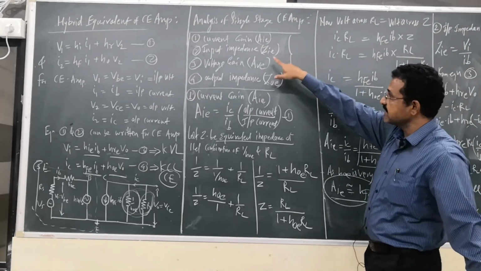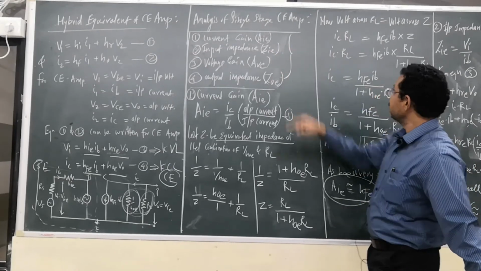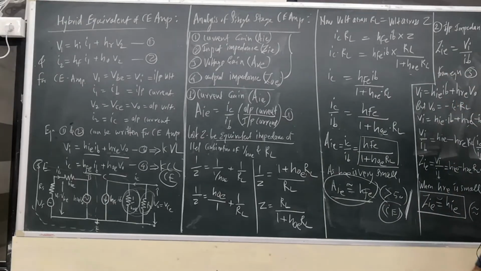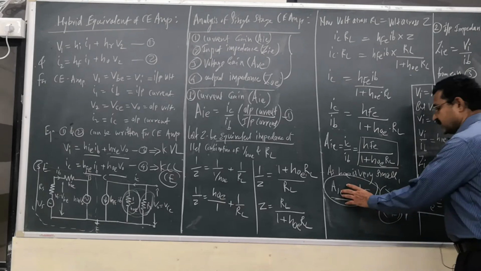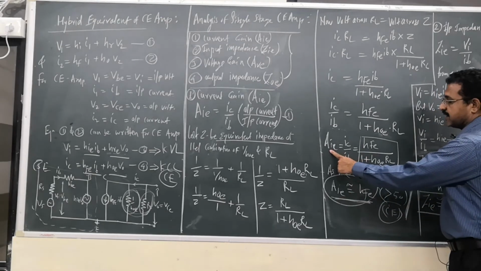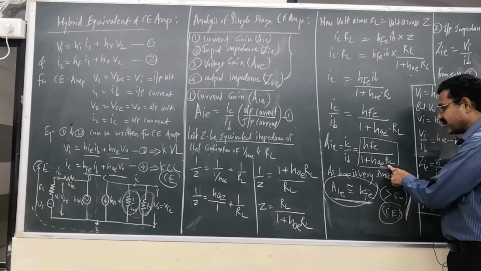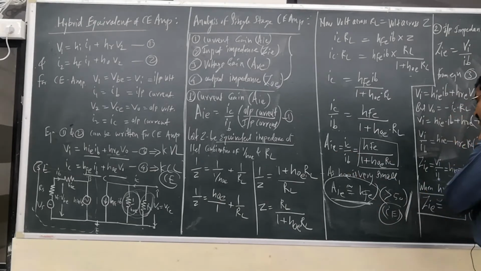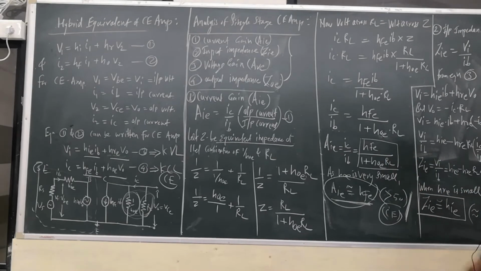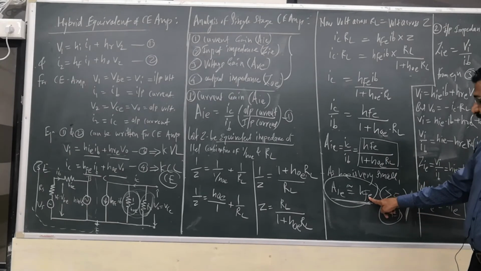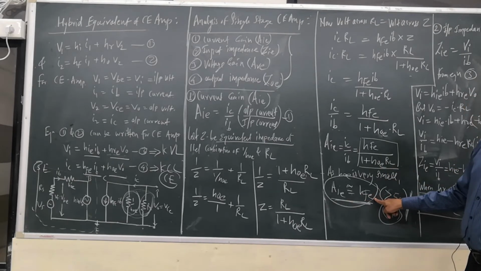Similarly we can then find the second one, that is the input impedance, represented by ZI. We will find ZI now. But we do not need to keep this value; we have to consider the formula AIE is equal to HFE divided by 1 plus HOE into RL. You will observe it mainly depends on HFE, the forward current gain, and if we consider HOE very small, AIE is nearly equal to HFE.